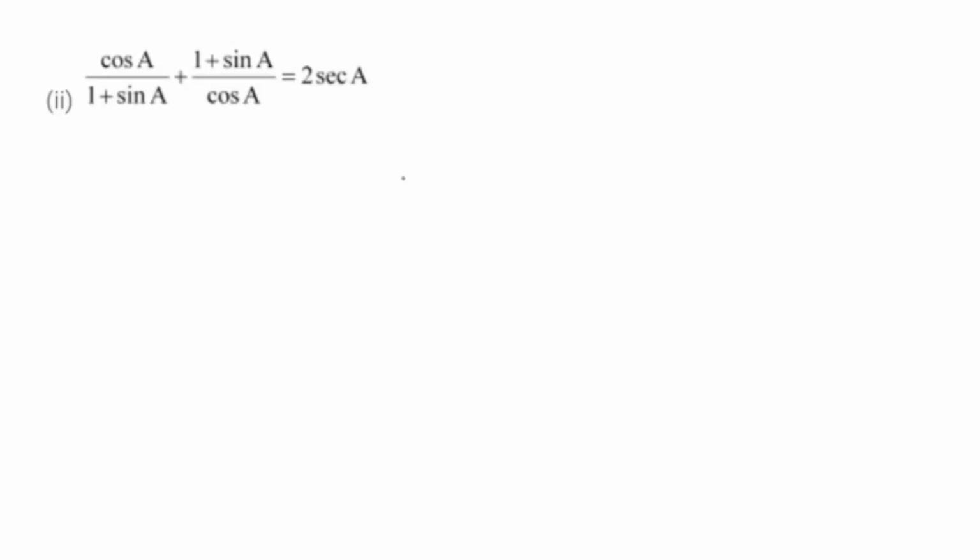Second problem. Cos A divided by (1 plus sin A) plus (1 plus sin A) divided by cos A equals 2 secant A. Let us solve it by considering the LHS.